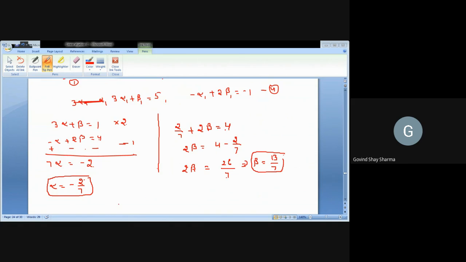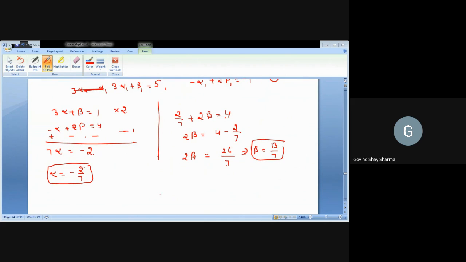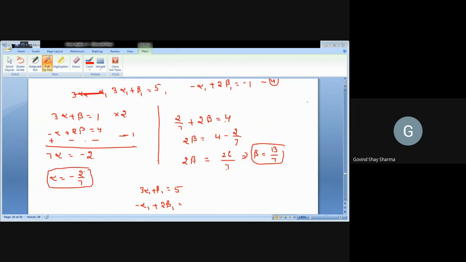Now how do we find the values of alpha 1 and beta 1? 3 alpha 1 plus beta 1 is equal to 5, and minus alpha 1 plus 2 beta 1 is equal to minus 1.